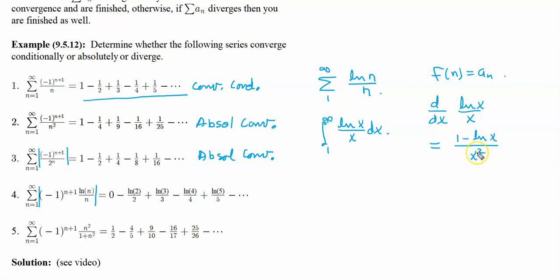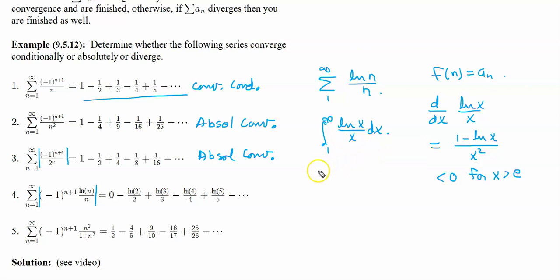You can double check that. That's just the quotient rule. Now you notice that this is definitely negative, less than 0, for x greater than, actually in this case it would be e, because the natural log of e is 1. So when we put e in here, that's when the numerator is 0. And then as x gets larger than e, the numerator will become negative, right? Because the ln of x will become larger than 1 for x greater than e. So this is going to be a decreasing function, so we can apply the integral test.